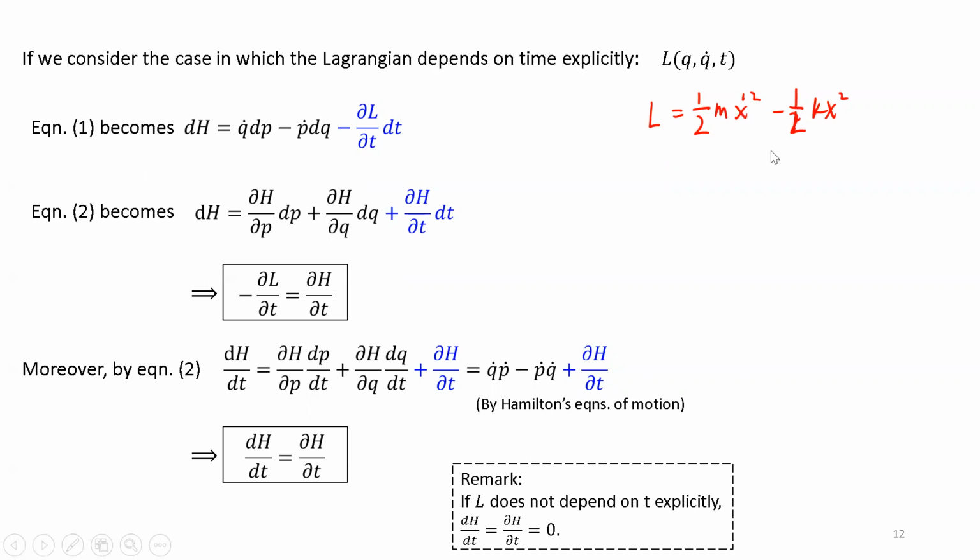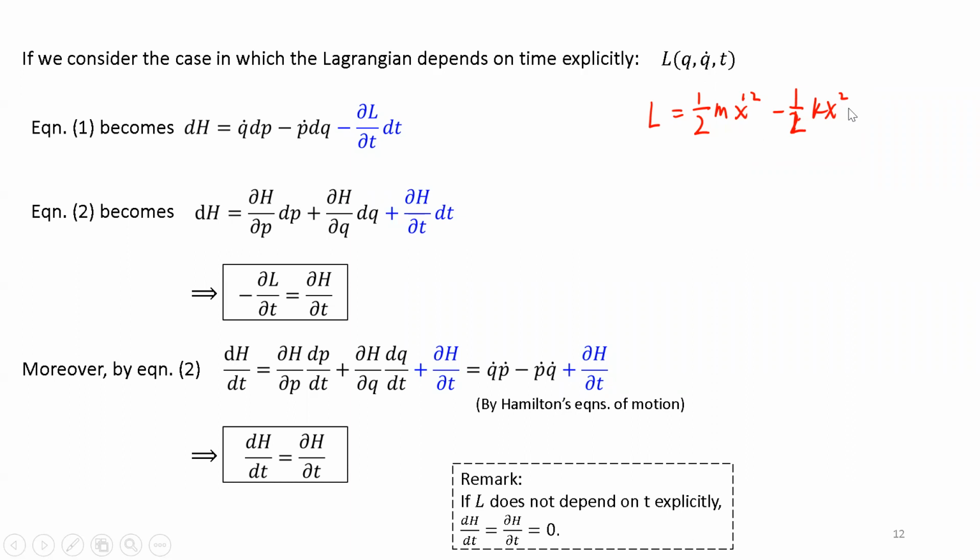However, the rule is that if you write down the Lagrangian as the kinetic and the potential energy like this, then you are basically expressing them in terms of the position and velocity, but not explicitly on time. So although this depends on time and this depends on time, we don't say that this Lagrangian depends on time explicitly. That's one thing to remember.